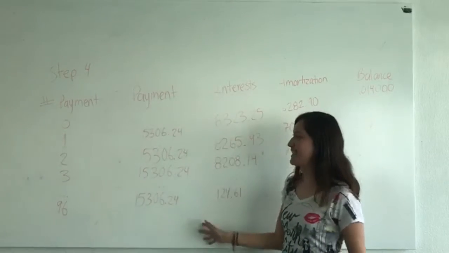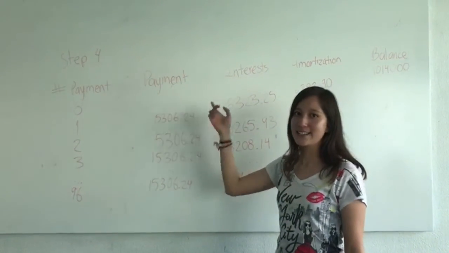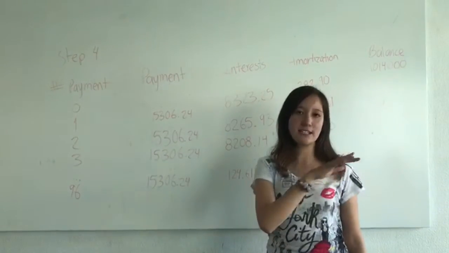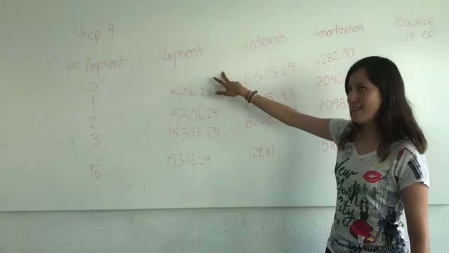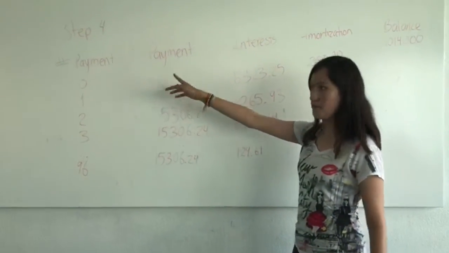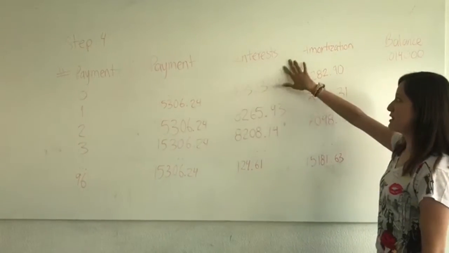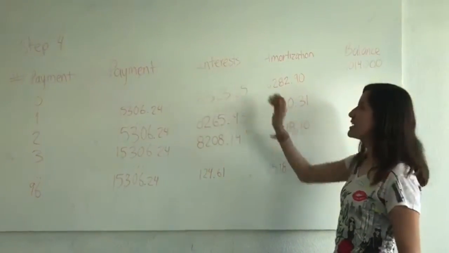In the second column, we have the result of R that we got in the previous steps. So we put R in the 96 times of the number of payments. In the third column, we have the interest.